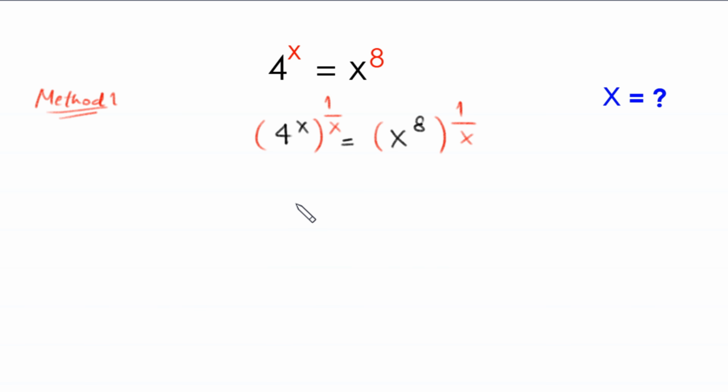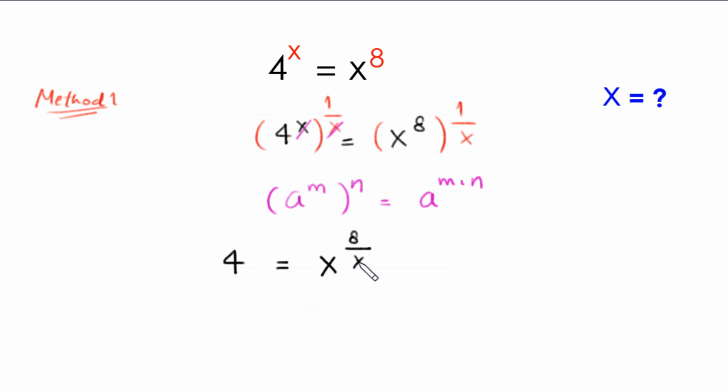Now by using this property of exponents, a to the power m whole to the power n is equal to a to the power m times n. When we multiply this x by this 1 over x, this x will be cancelled out, and at left hand side we are left with only 4 is equal to, at right hand side this will become x to the power 8 over x.